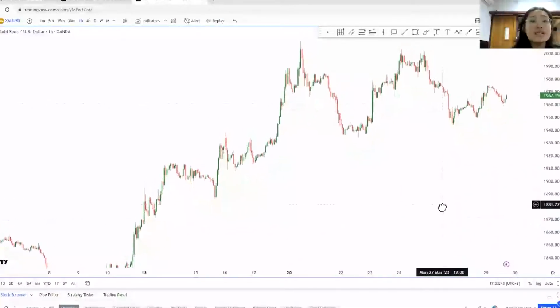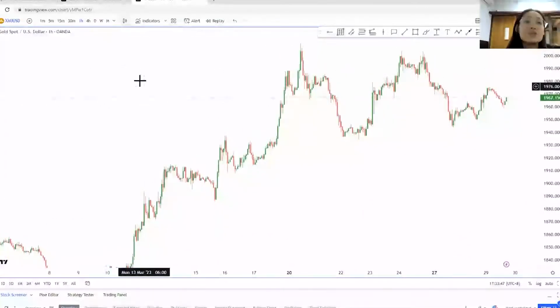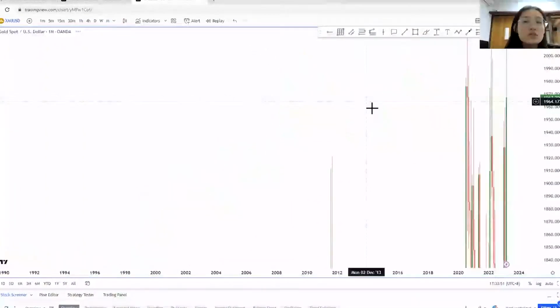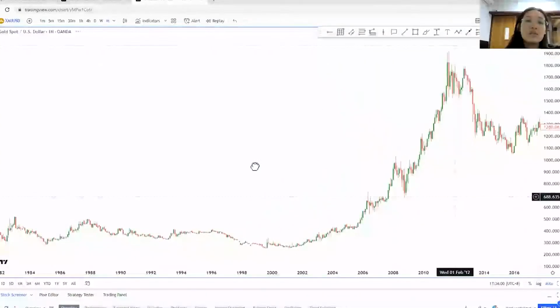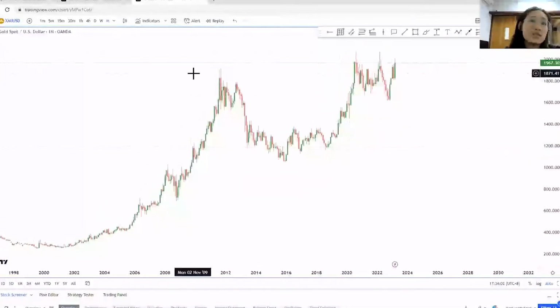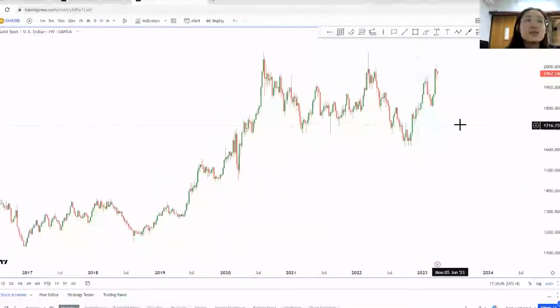Before we start analyzing, a good habit would be to look at larger or longer time frames of gold. So let's take a look at the monthly time frame. So this is just to get an idea of where prices are heading to, or where prices were in the recent past. So this is our monthly. This is our weekly. You can see price is testing this area over here.